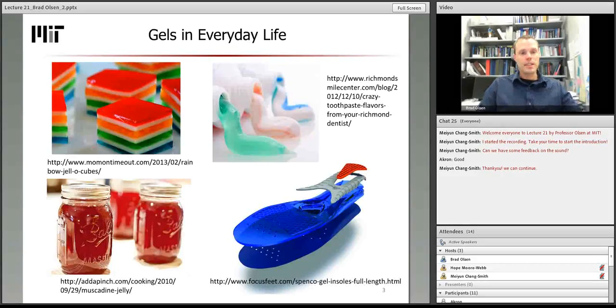I've shown on this slide several examples of gels in everyday life that we encounter. In the upper left-hand corner, one of my favorites, and I think one of the favorites of my group, is this sort of multi-layer jello, which is a fantastic food for us on X-ray and neutron scattering beam time trips.